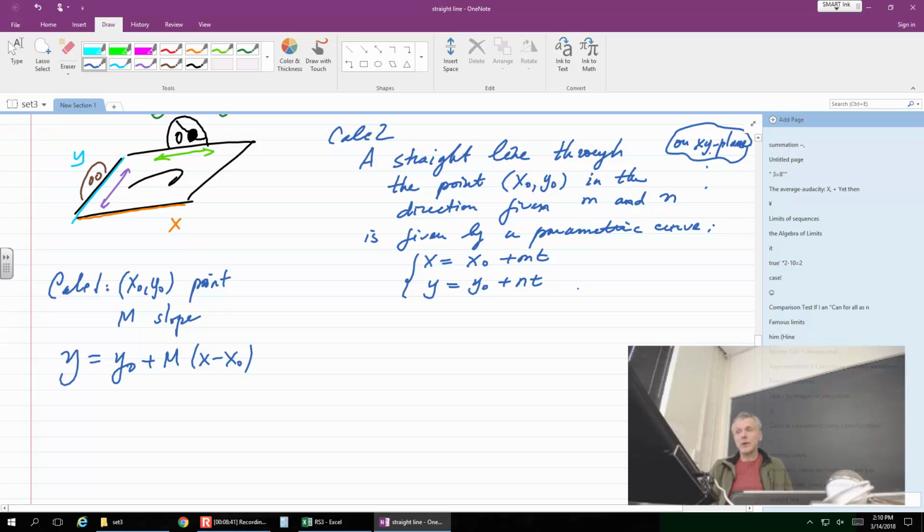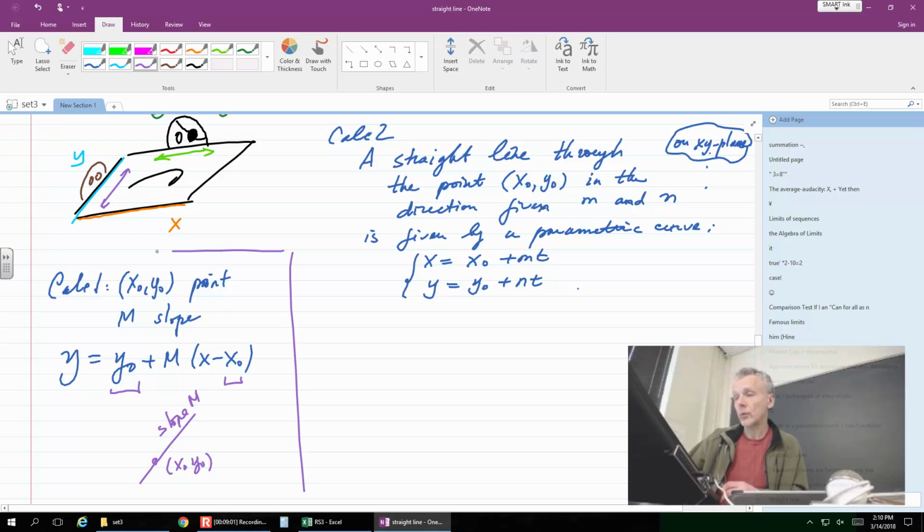What is the relation? The main thing to note is that we have only one number instead of two: slope M, with the point x naught, y naught. That is the calculus 1 setup.